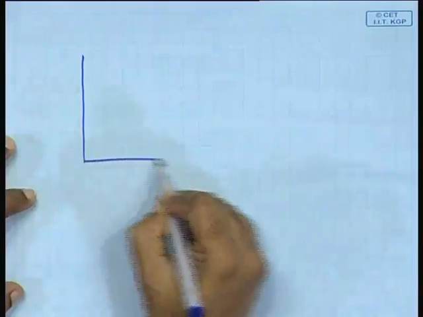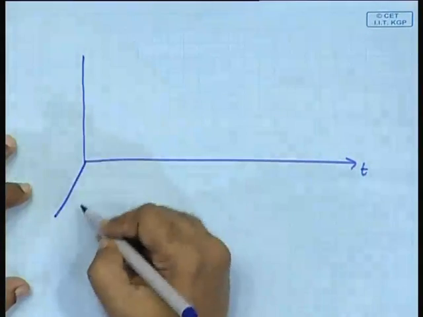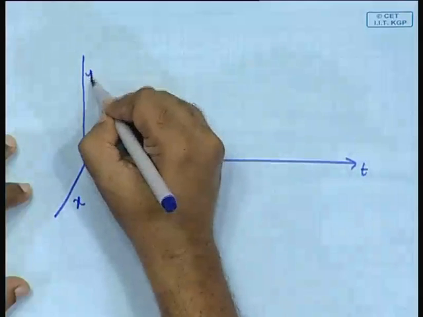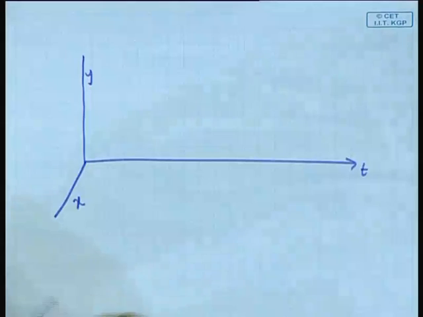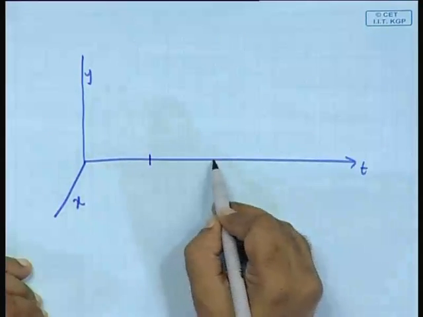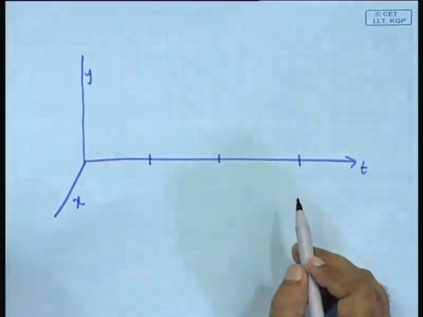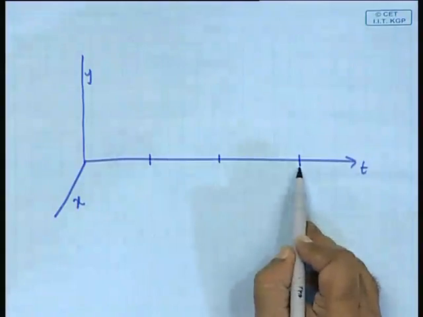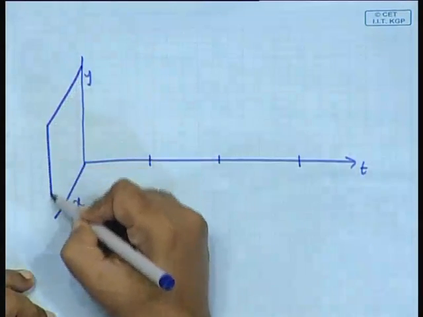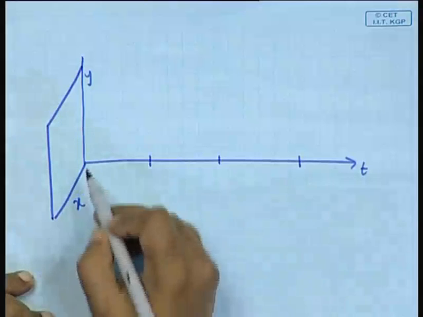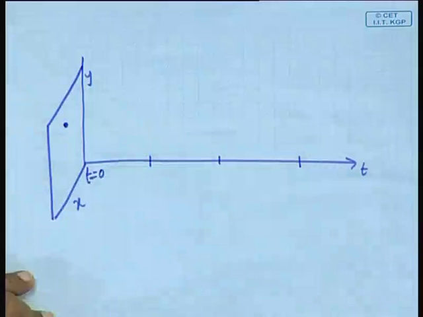Suppose this is your t axis, and suppose you have x and y as the coordinates. So, there is a t, and the t axis is repeated after these times. Repetitive means this external forcing comes back to the same value after these times. So, here you can imagine a plane, so that at t is equal to 0, the state was somewhere.